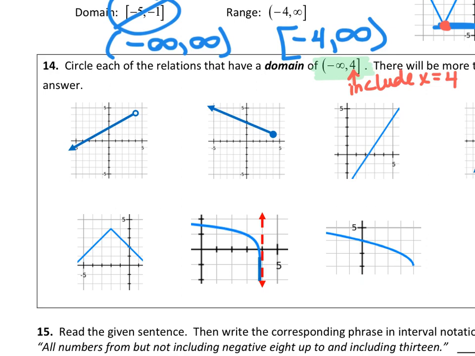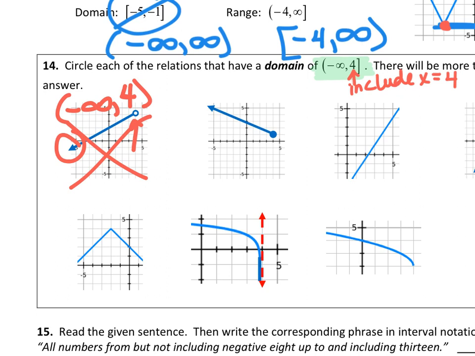Now, in this first graph, that's the problem, because at this end, it does start at negative infinity on the left, but here, x equals positive 4 would have to be around parentheses for it to be that graph. So this graph does not fit the criteria negative infinity to 4, including positive 4.